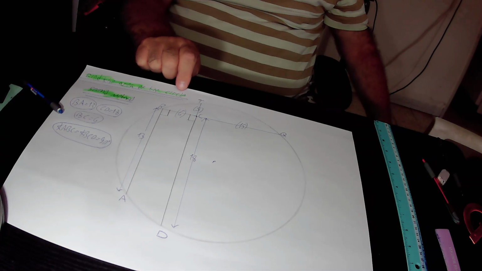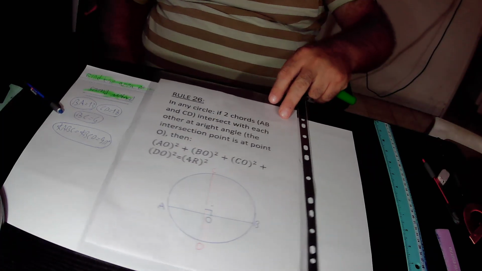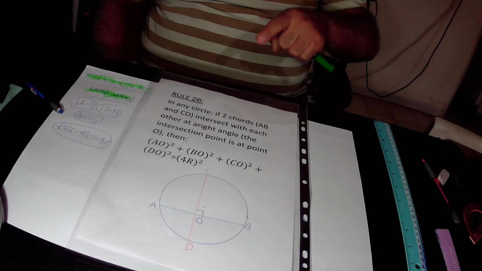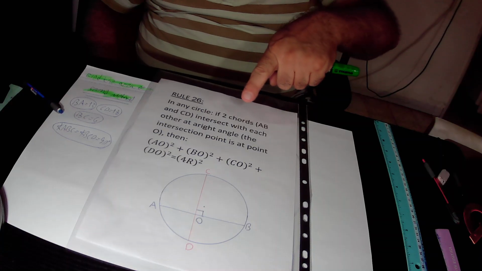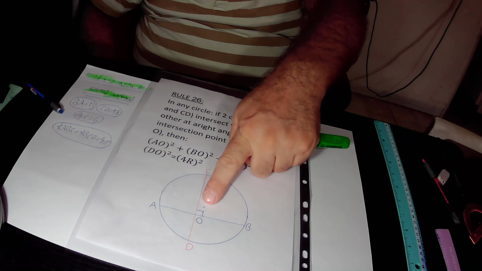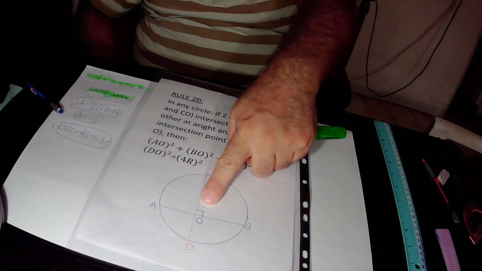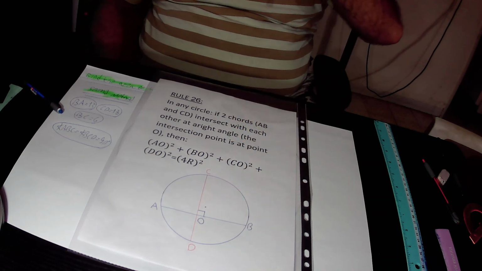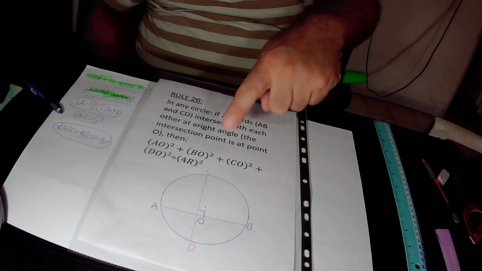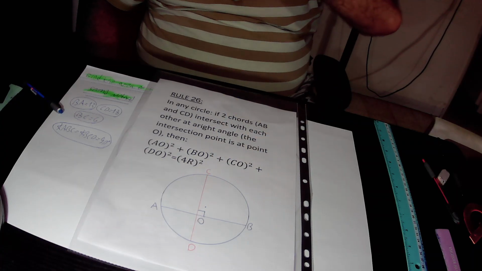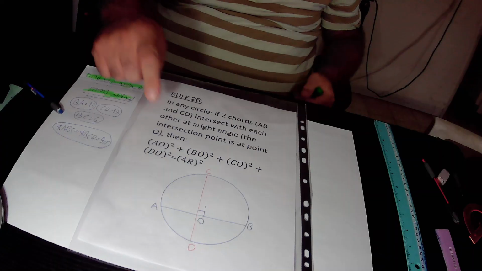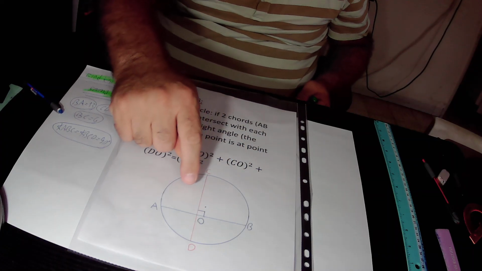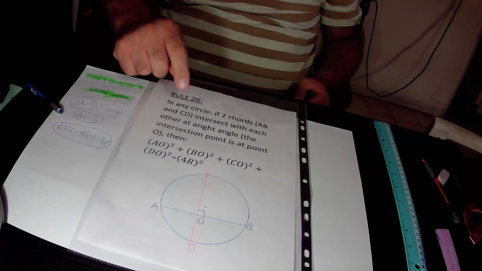So I repeat quickly rule 26. According to rule 26, which is true in any circle, if two chords, AB and CD, intersect with each other at a right angle, at 90 degrees, at their intersection point O, then AO squared plus OB squared plus CO squared plus OD squared equals 4R squared, and R is the radius of the circle.